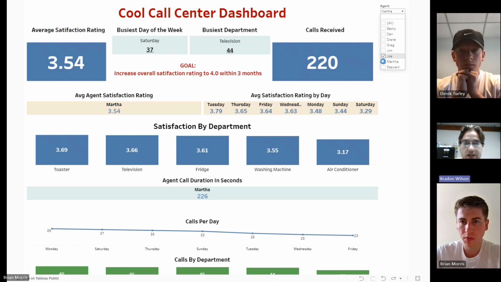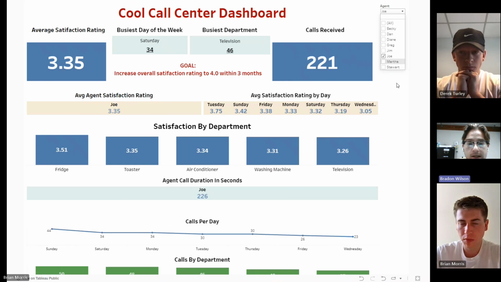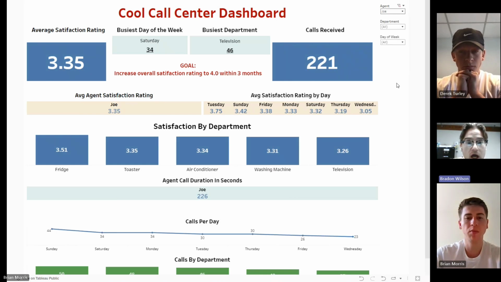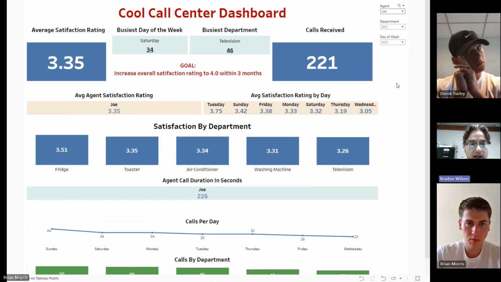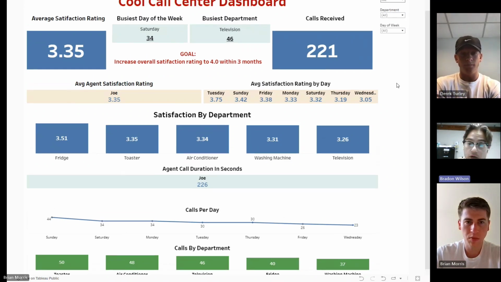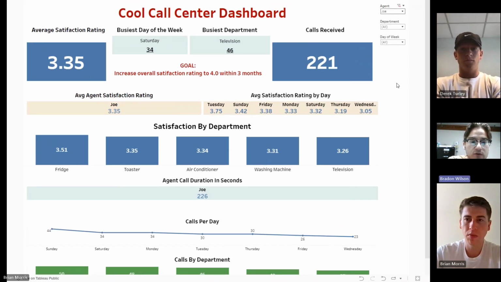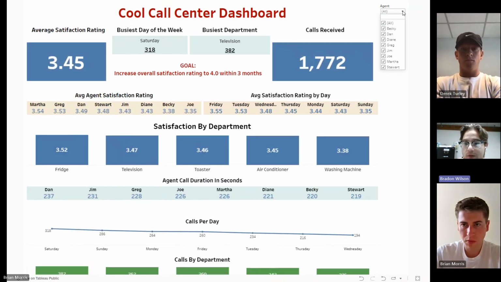And because of that, she's our highest performing and most consistent agent. And on the other hand, we have Joe, who was one of our least consistent. He averages a good amount of calls every week and through the days through the week, but his satisfaction is lower. And to continue to figure out what we can do to combat that, I'll pass it off to Derek.